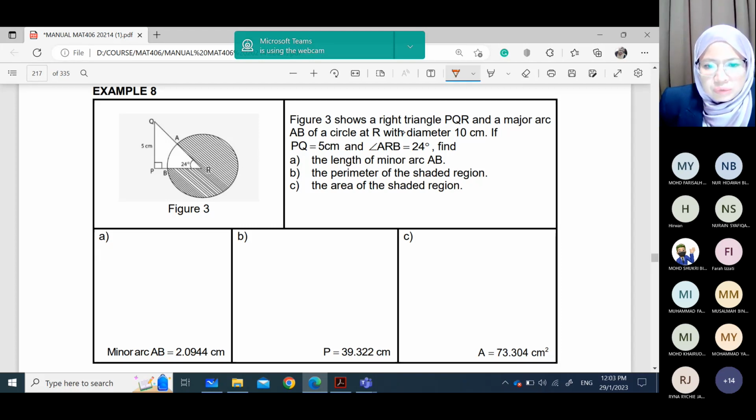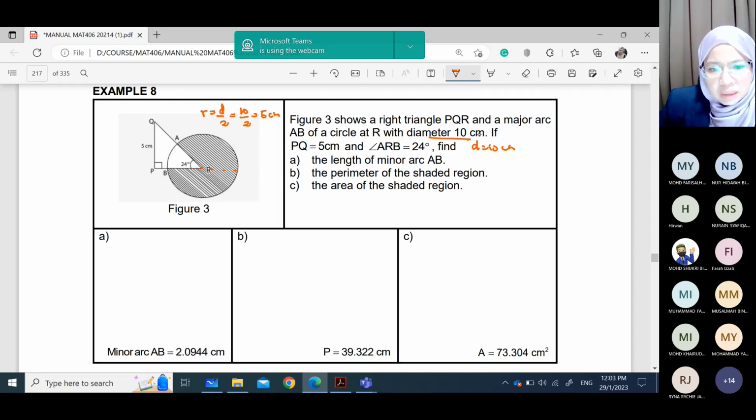So the radius is 10 divided by 2. Radius equals diameter over 2, so the radius is 5 cm.